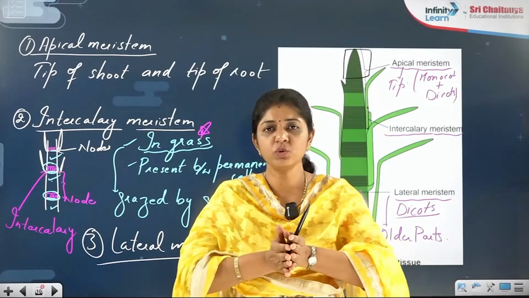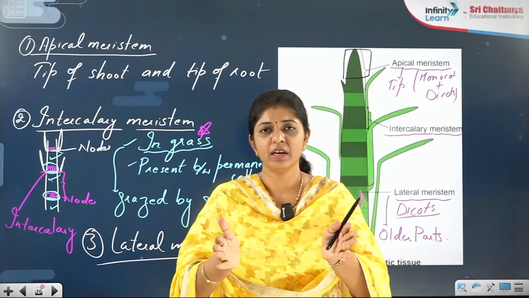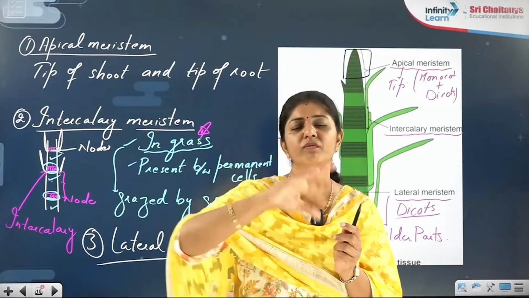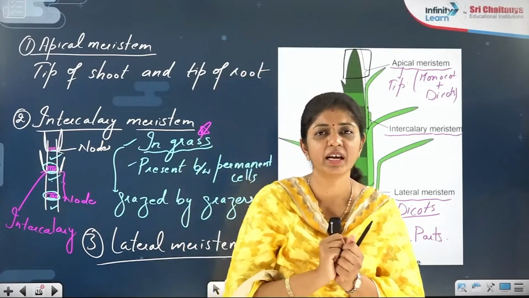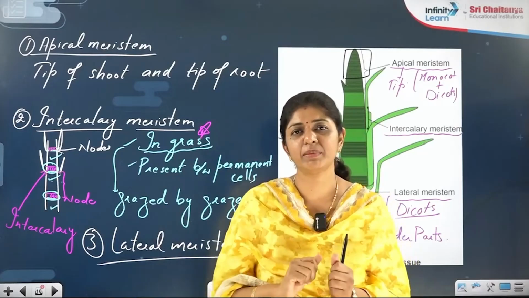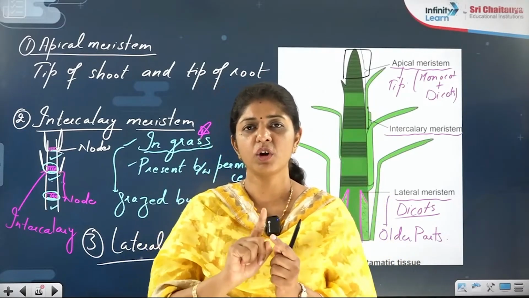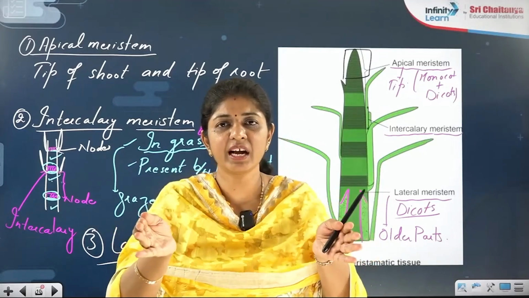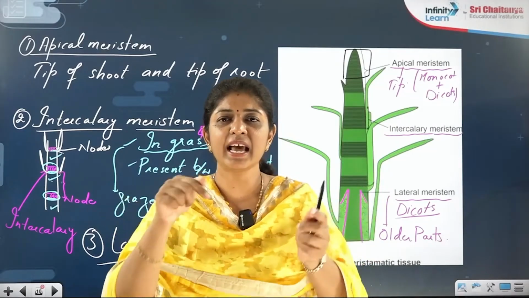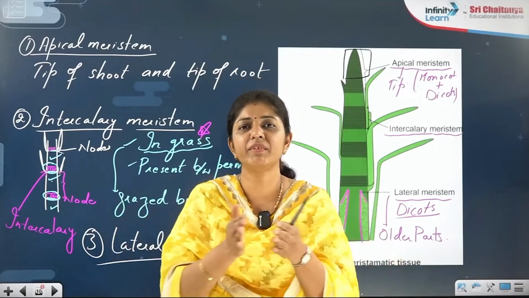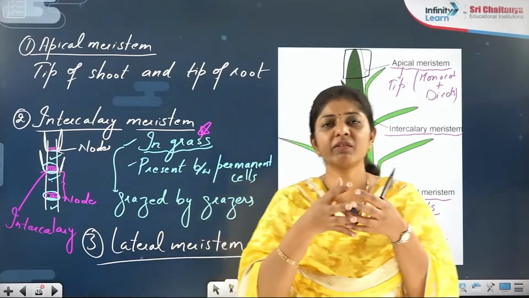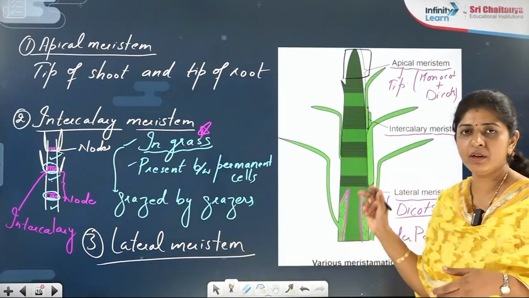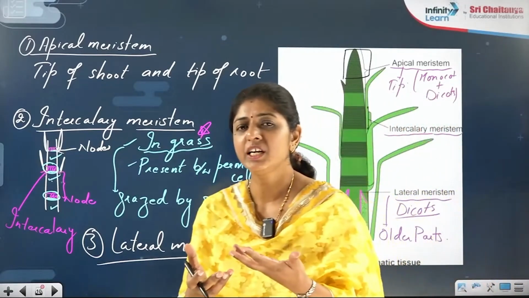Even the root has to grow in width so that it can bear the weight of the grown aerial part. So in dicots this happens. No doubt they grow linearly, but they also grow in width. Their stem will grow like this and their roots will grow in width. And for this width increment, which type of meristem do they need? They need the lateral meristem. As the name indicates, lateral.